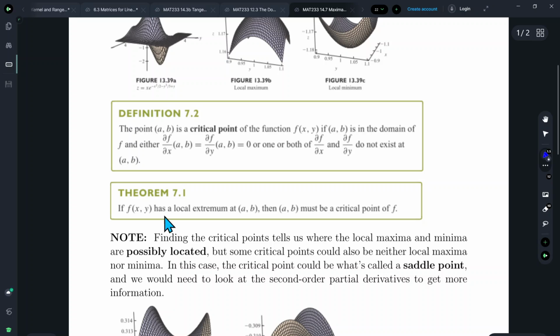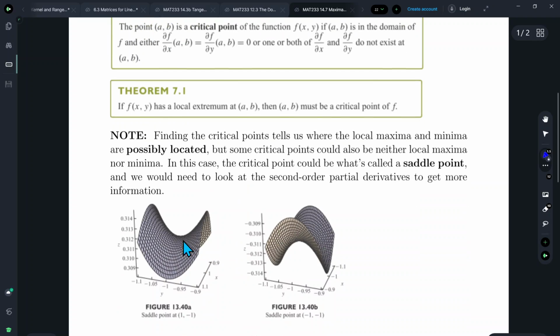The way you should interpret this theorem is that the critical points tell you where the local maxima and minima are possibly located. But it could also be that the critical point is neither a local maximum nor a local minimum. In some situations, what's happening is what's called a saddle point.